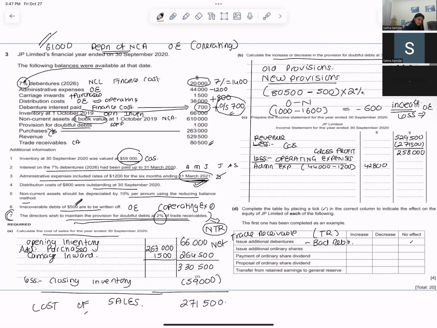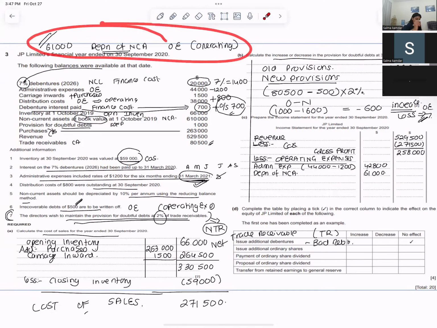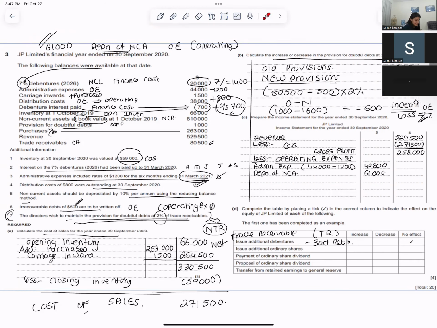Depreciation also, on current assets, 61,000. Here we calculated the increase in provision, so we write increase in provision. And how much is that? Also distribution cost.